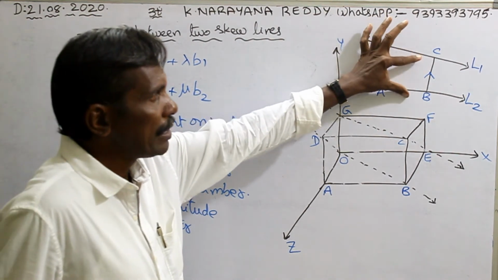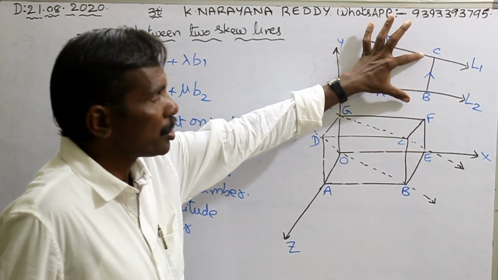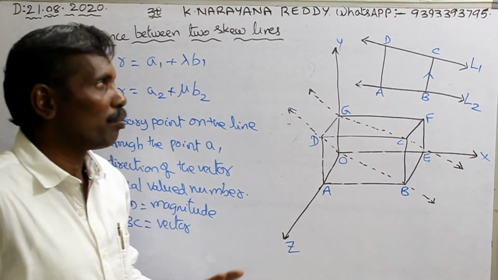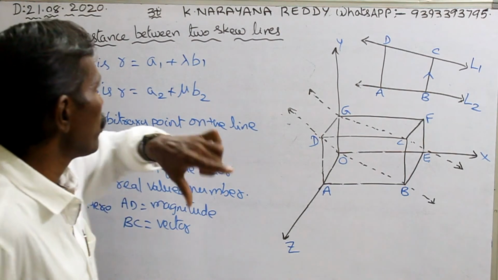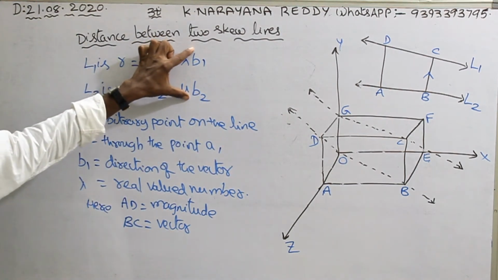Here BC is a vector, the shortest distance between L1 and L2, but this vector is perpendicular to b1 and b2 because these are the direction vectors.